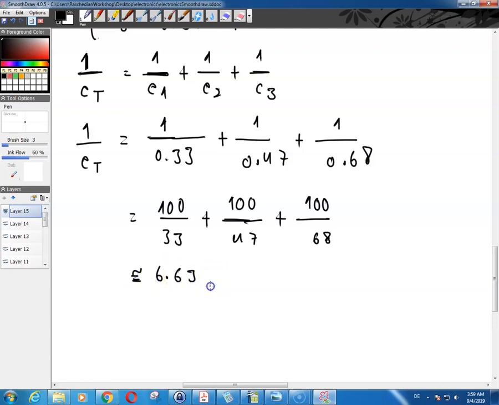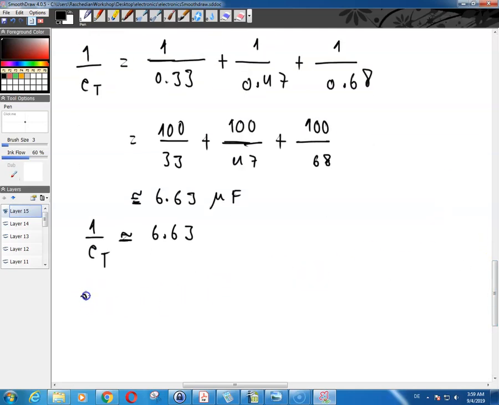Of course, this is 1 over C of t, and the number is rounded, so 1 over C of t is approximately equal to 6.63.